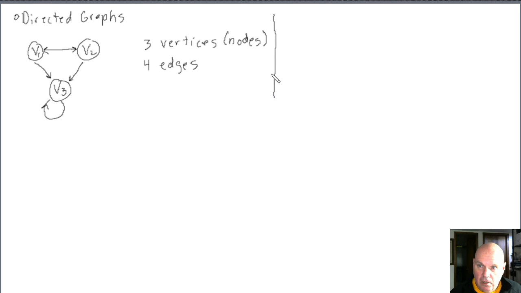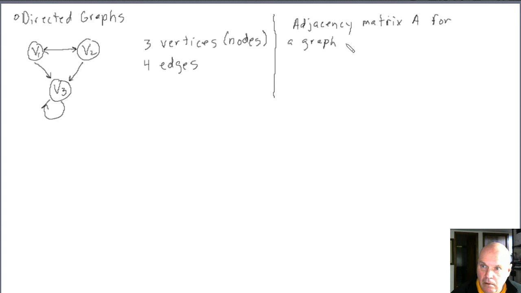Okay. Now, corresponding to a directed graph is what's known as an adjacency matrix. The adjacency matrix A for a graph with n vertices or nodes is of dimension n by n, so it's square.